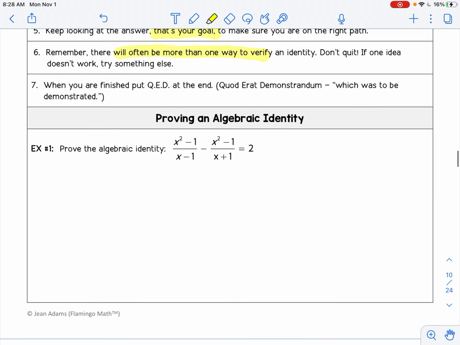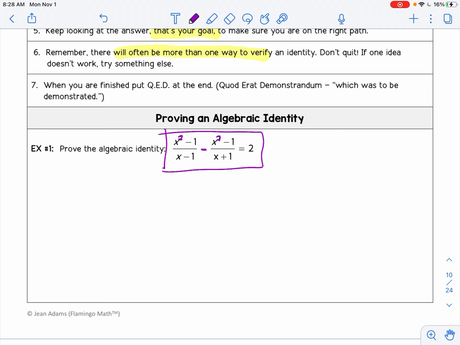All right, so let's do this. You probably were exposed to proving an algebraic identity at some point. When you have something like this, there are a couple of things I would hope you would see. First thing is these squares. Whenever I see squares, one thing I would do is try to factor it.